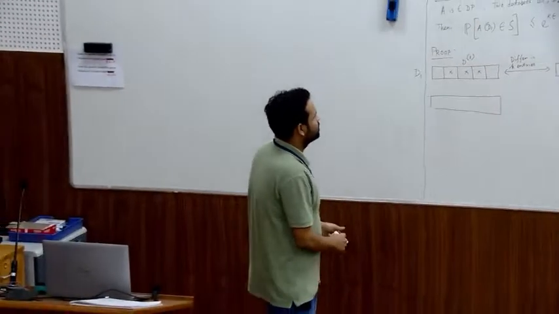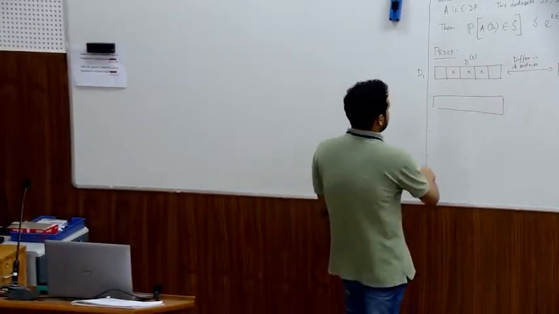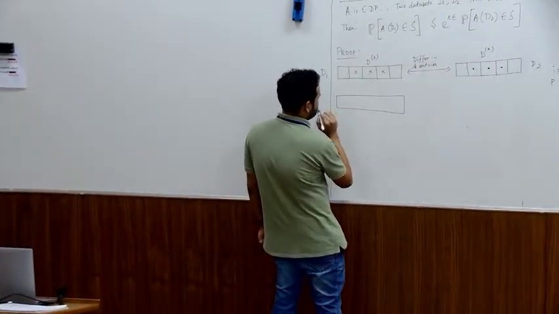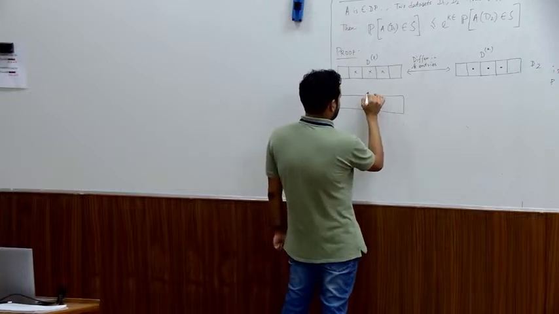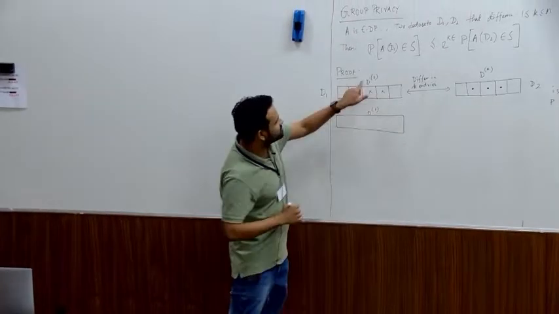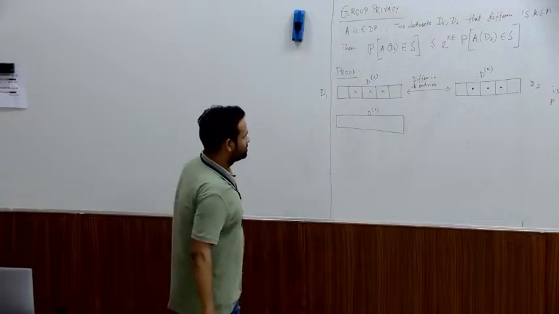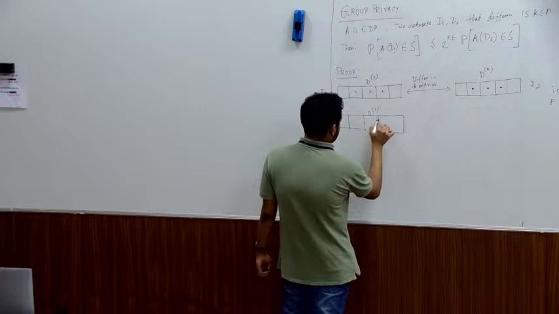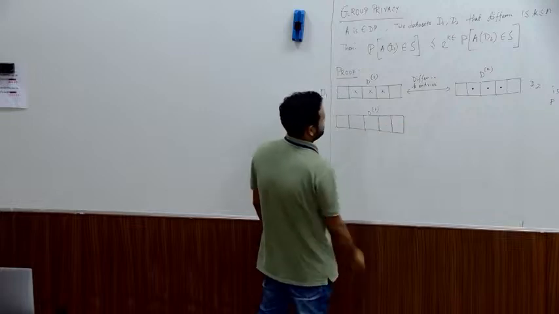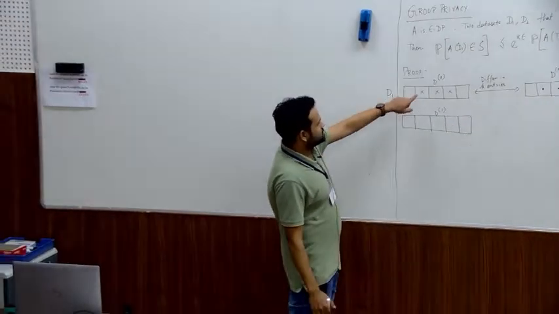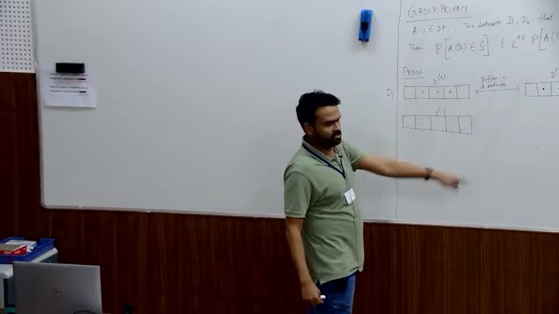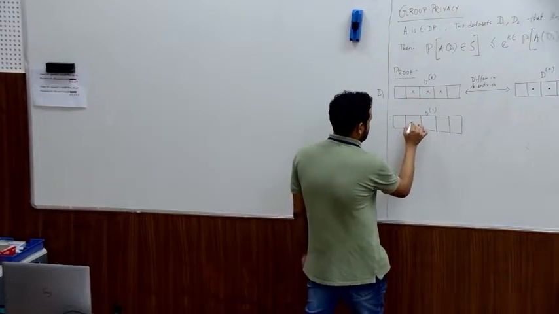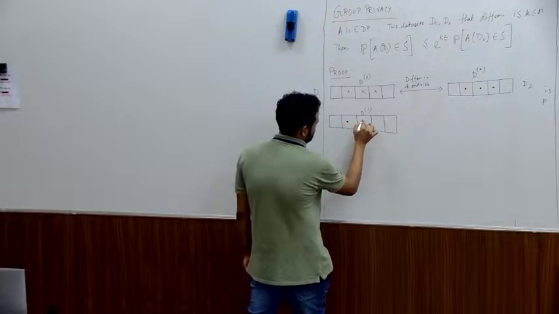So I'll define an auxiliary data set D1, which differs from D0 in only one entry. I keep everything else the same. I know these 3 need to be changed, so I change one and keep the other 2 as they are.